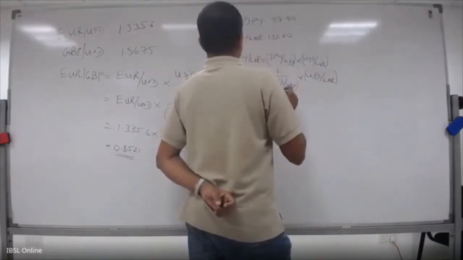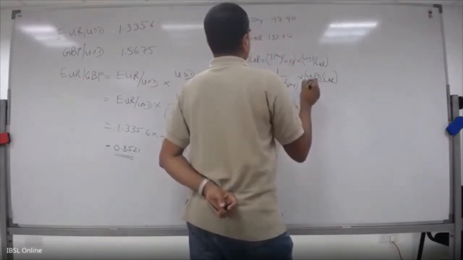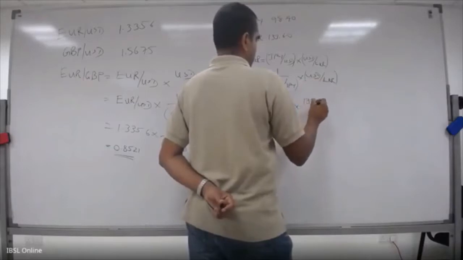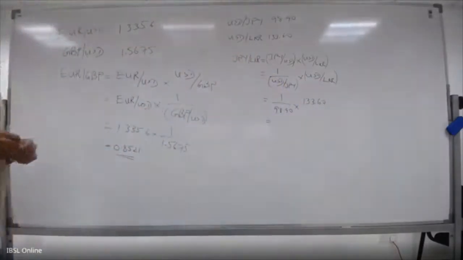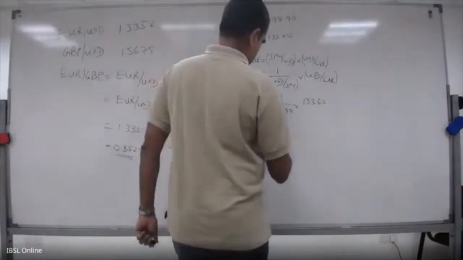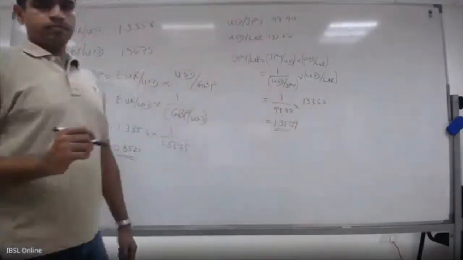This is 1 over dollar yen 98.90 into rupees 133.60, which gives 1.35.